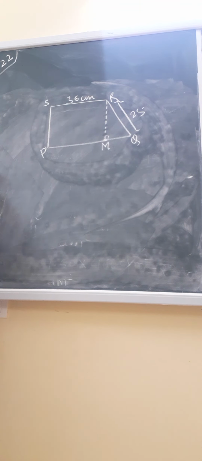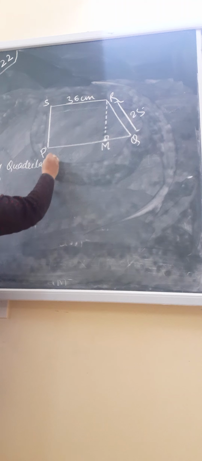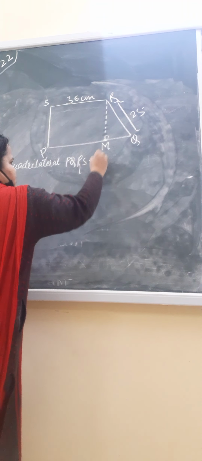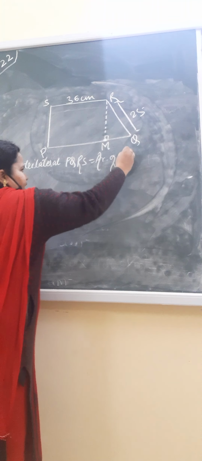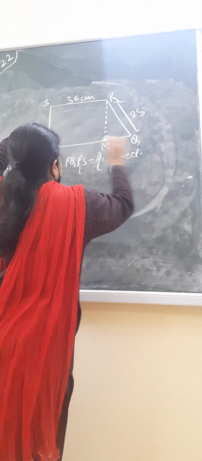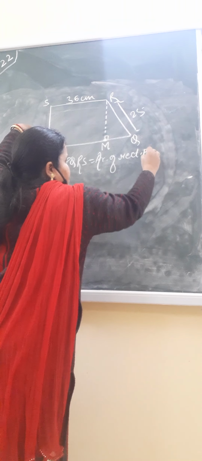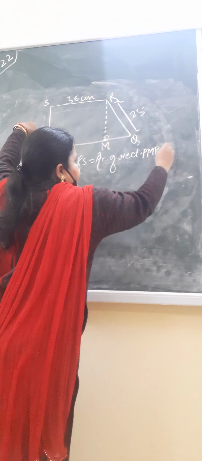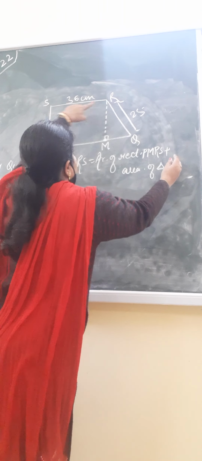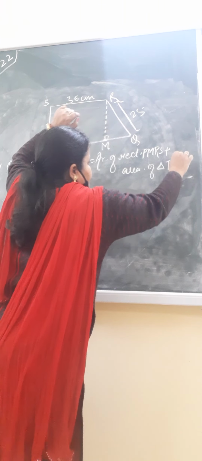So area of quadrilateral means four-sided figure. Area of quadrilateral PQRS equals area of rectangle PMRS plus area of triangle RMQ.